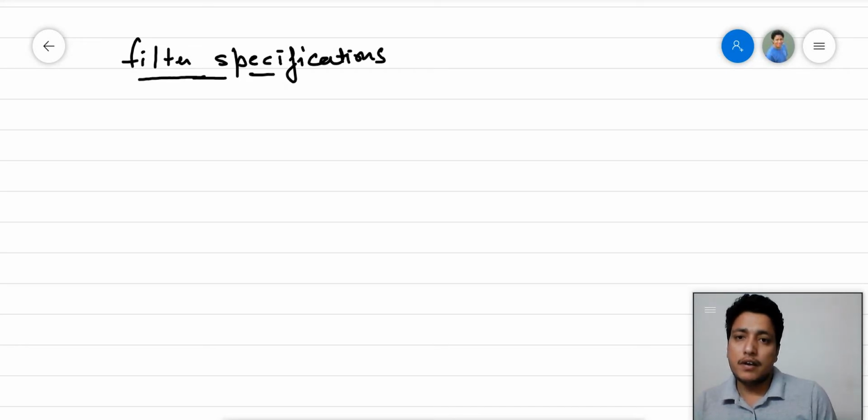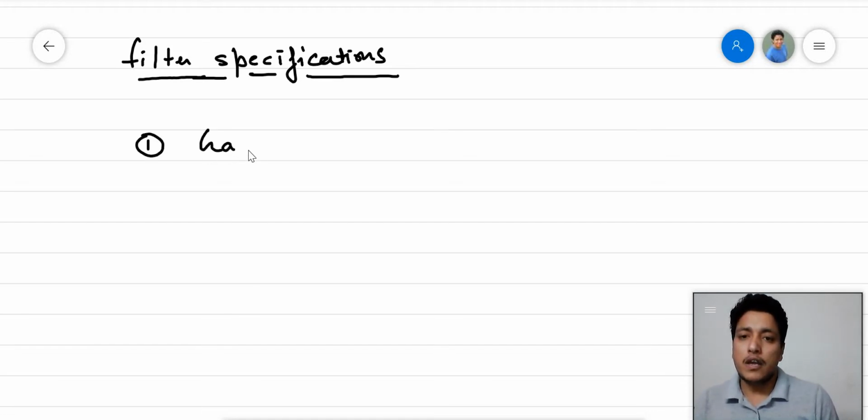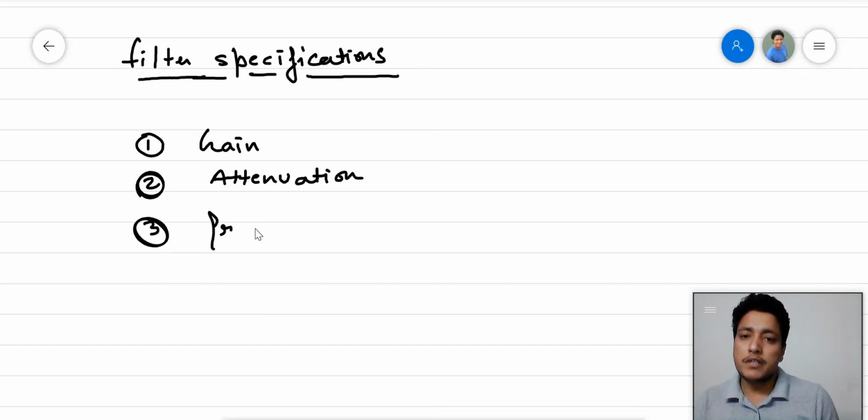Designing of a filter depends upon three crucial points. First is called gain, second called attenuation, and third is called frequency bands.